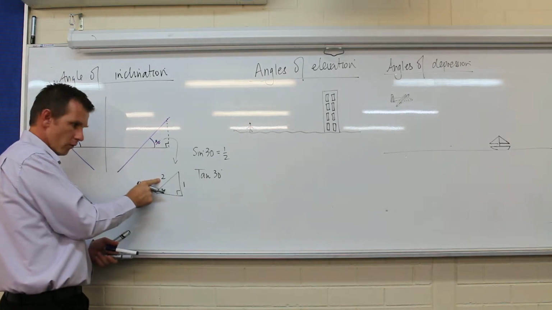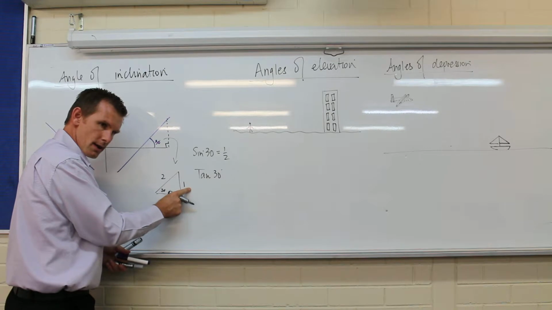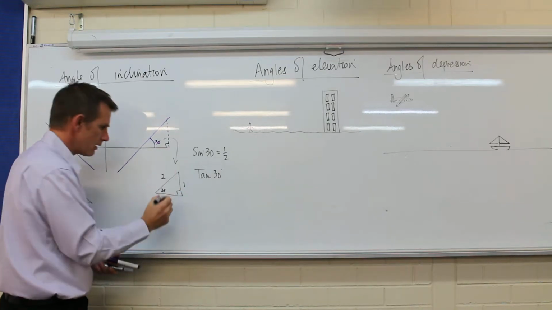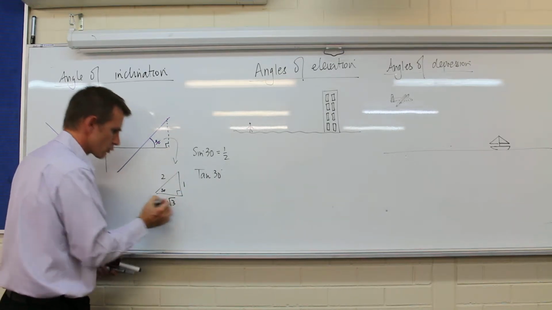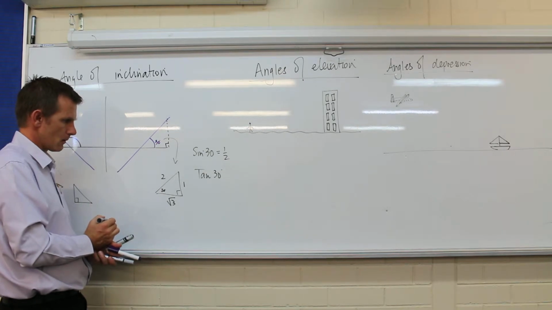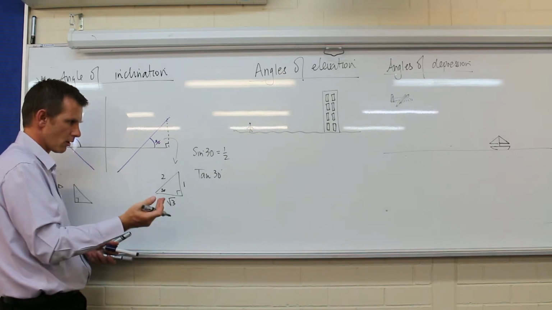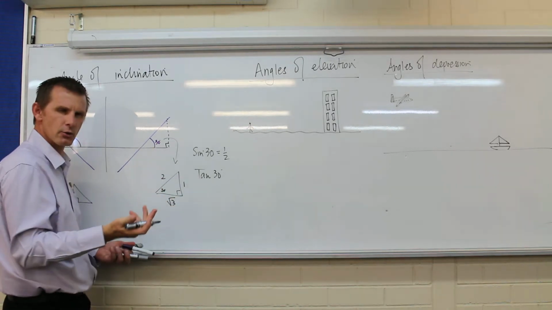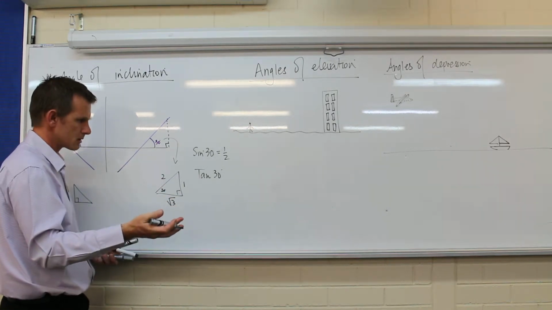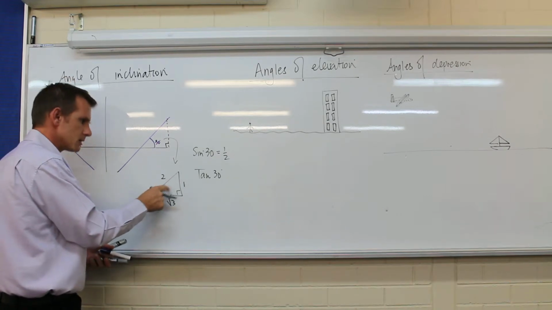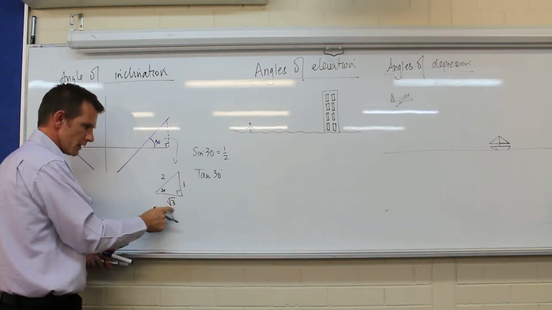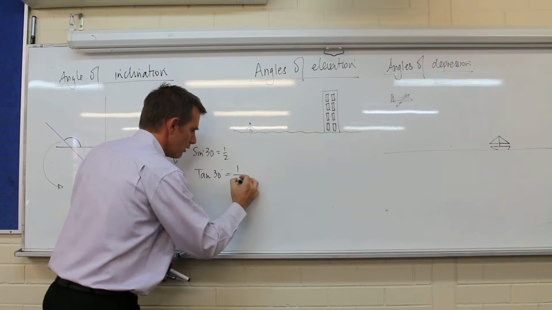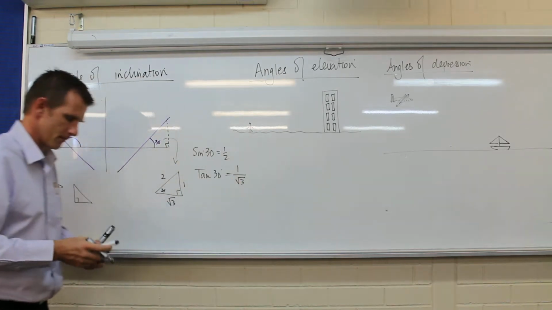This is going to be 4. I've already got 1 here, so I need another 3. So this would have to be the square root of 3 down here. Alright, let's check another ratio. Cos of 30 is adjacent over hypotenuse. I remember that, square root of 3 over 2. That makes sense. Now that means the tan is opposite over adjacent, so this is going to be equal to 1 over the square root of 3.